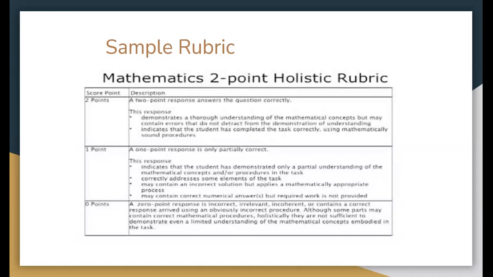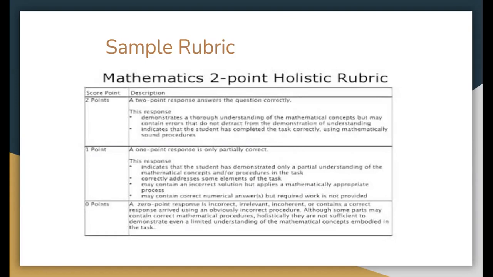But in the top box, it says indicates that the student has completed the task correctly. So in other words, you have all elements of the task. You get where I'm going? So it puts it all into one box, but it still indicates where you would lose a mark, but it's all culminated into one box, all the descriptors.